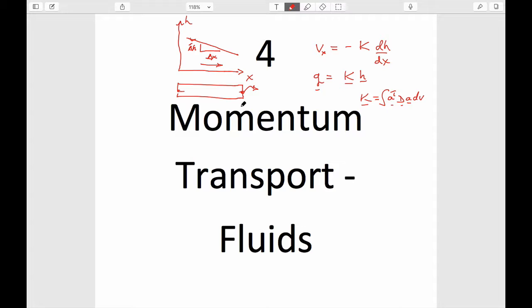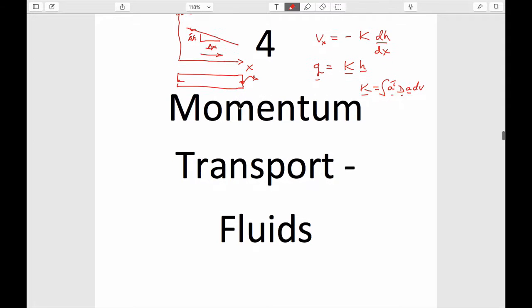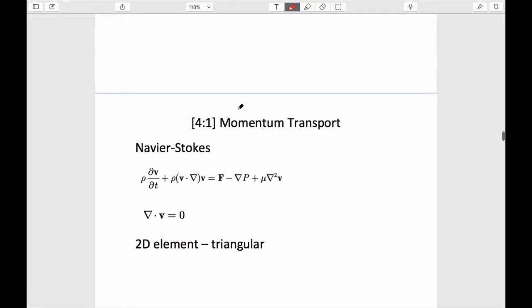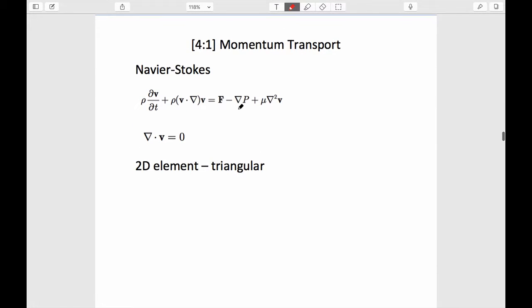And so typically what happens in groundwater flow, we know exactly what we do in groundwater flow, right? We write a partial differential equation, which is basically dv/dx plus dv/dy equals 0.